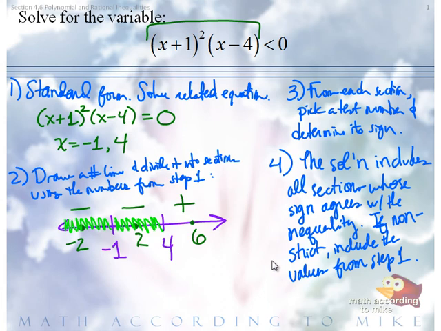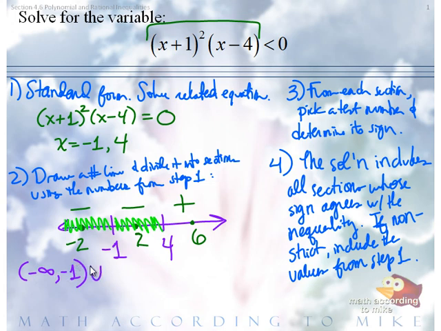They are adjacent to one another. But why can't I say -infinity to +4? Why? There's no equal to here. So we have to keep them separate. You would say -infinity to -1, parentheses. That's that first section.